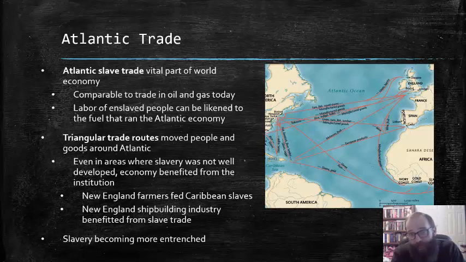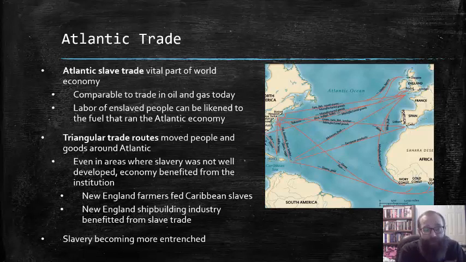Those triangular trade routes that we have spoken about previously moved people and goods around the Atlantic. And even in areas where slavery was not well developed, the economy benefited from the institution. New England, for example, their farmers fed Caribbean slaves, and that was a vital part of New England's economy.